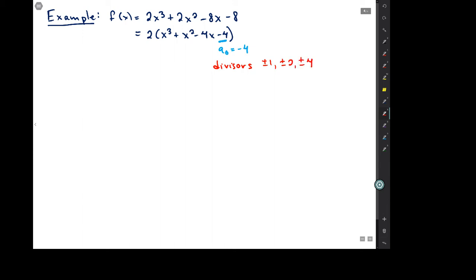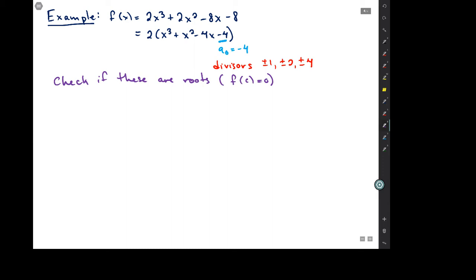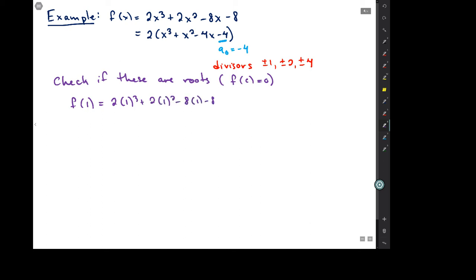And so what we can do to check if these are roots, so remember, things are roots if when you plug them in, you get 0, is actually plug these in. So if I evaluate f of 1, I have 2 times 1 cubed plus 2 times 1 squared minus 8 times 1 minus 8, this evaluates to minus 12, so it's not a root.